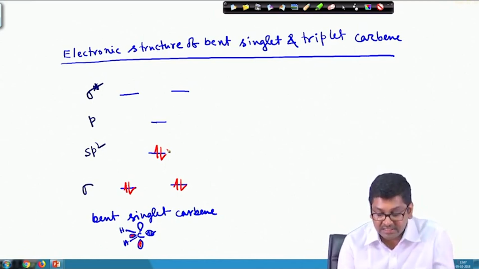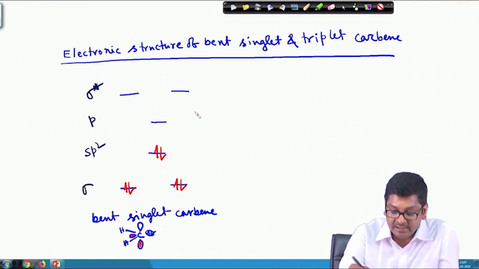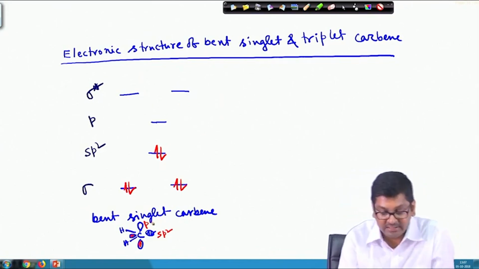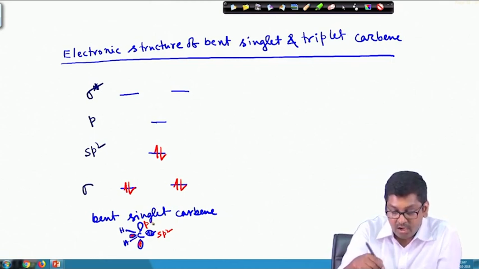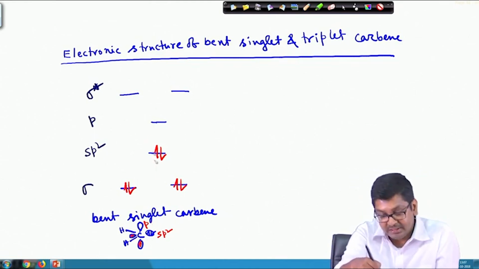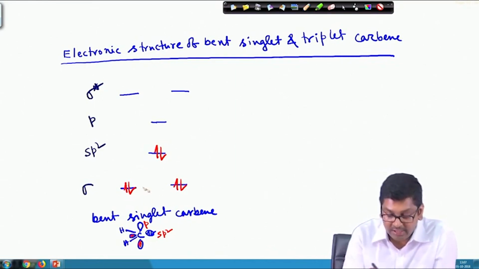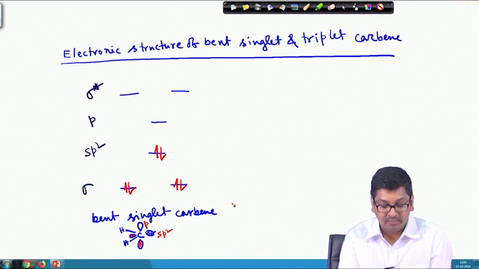This is the bent singlet carbene. Here this is the sp2, and here the p orbital, as we have already learned. In its molecular orbitals, the sp2 orbital has these 2 electrons, and they are paired up.